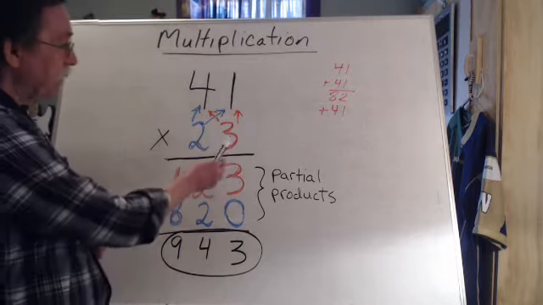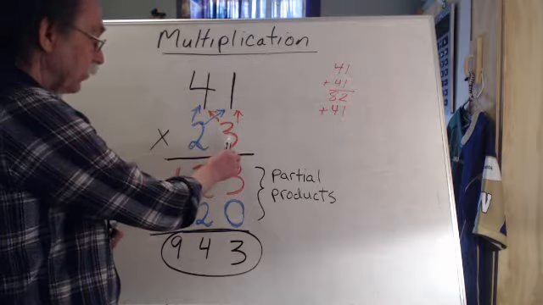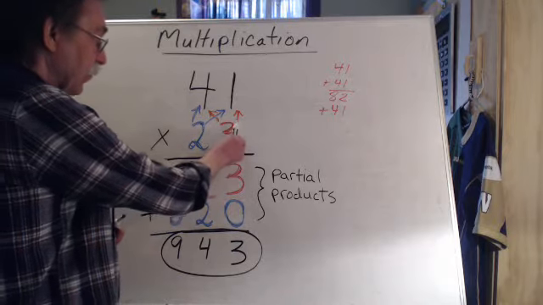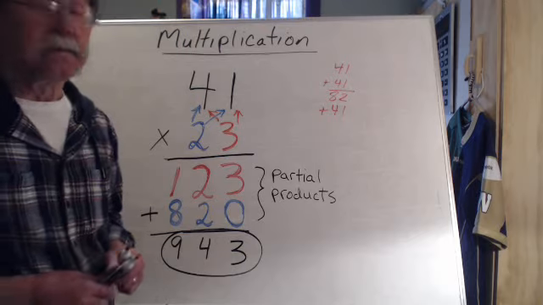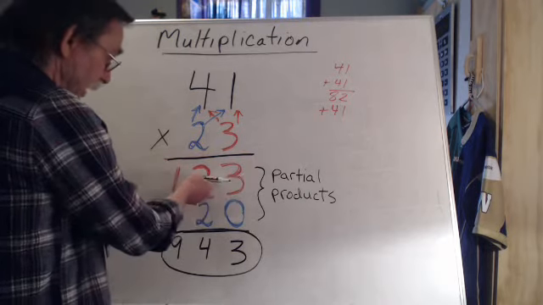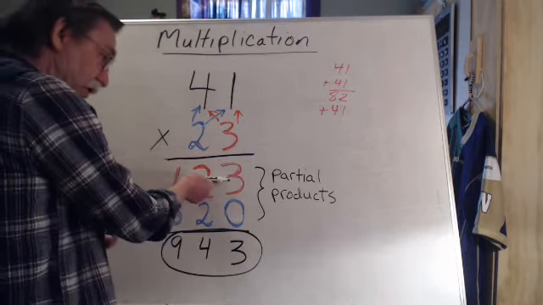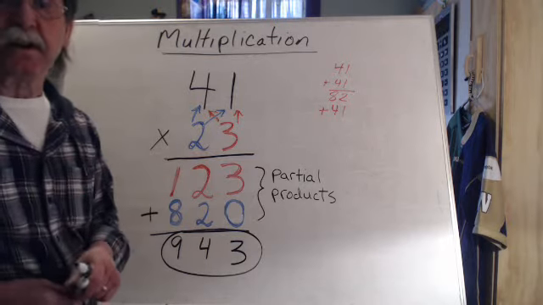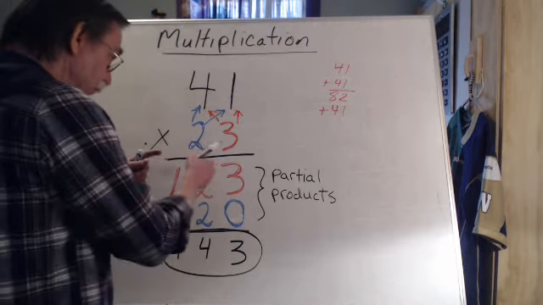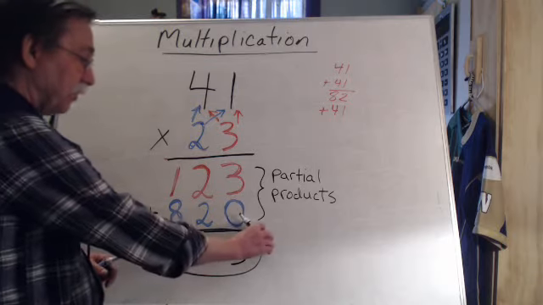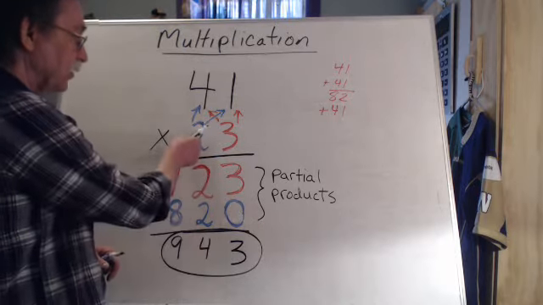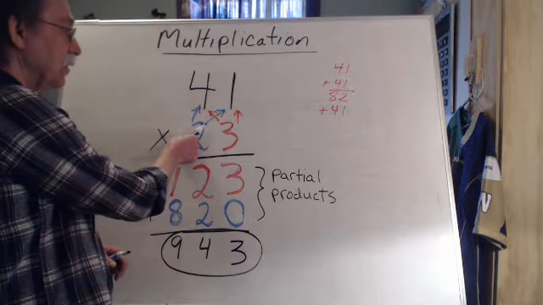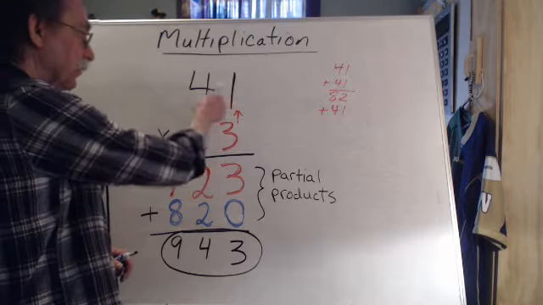Let me recap this. We did the red number 3, and we multiplied each one of the top numbers by that. And we had a partial product of 123. Then we moved down, we put in our 0 as a placeholder, and we started using the blue 2 to multiply all the top numbers.